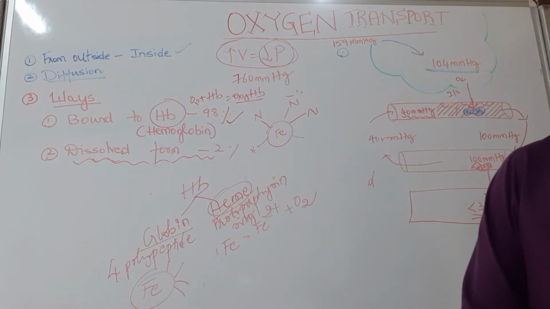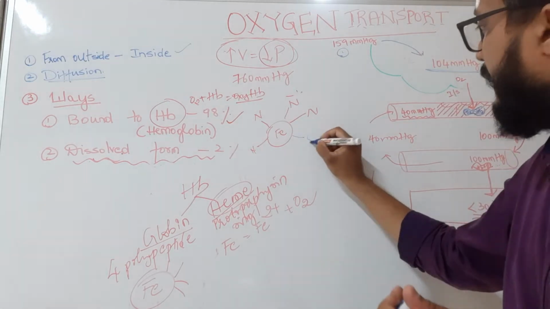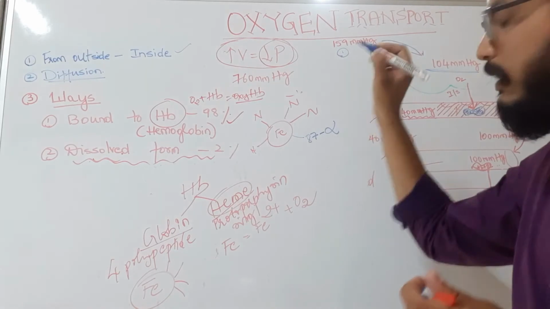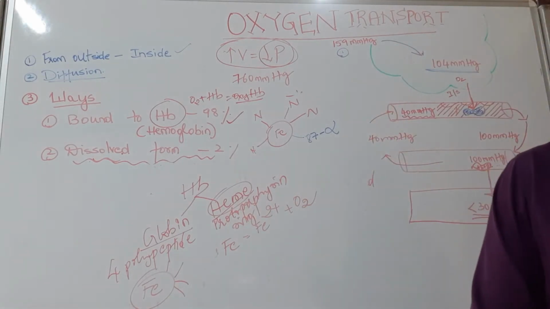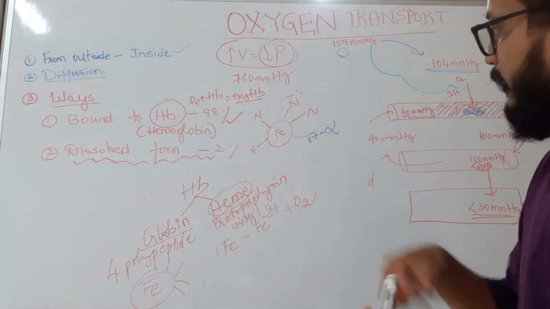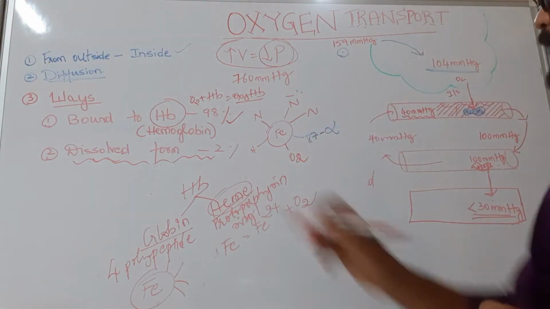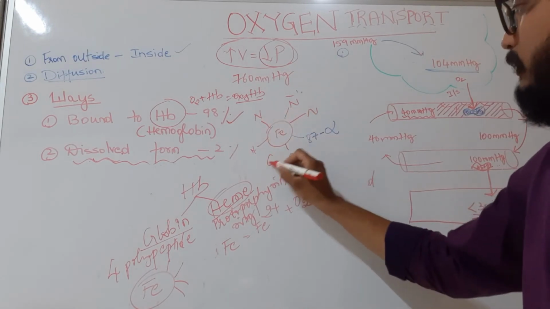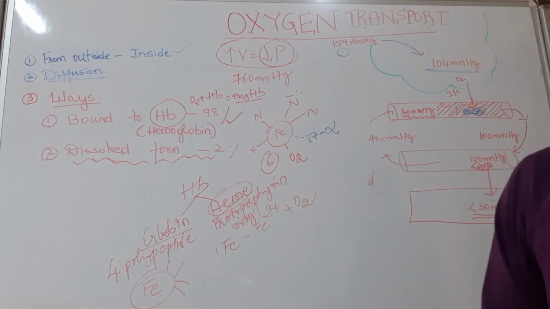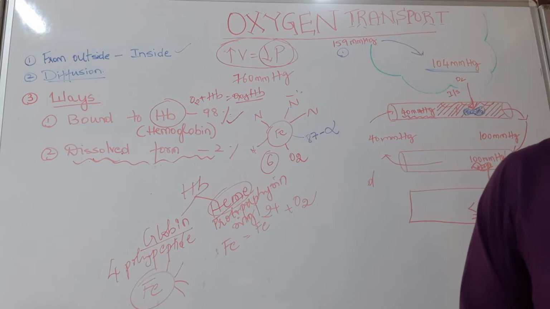It is also called the proximal histidine residue at the position 87 on the alpha globin chain. The other bond is with the oxygen. So there are a total of 6 bonds for this iron inside the porphyrin ring.